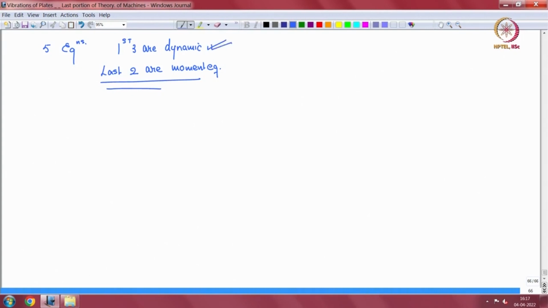Okay. Now, we know that a rigid body in space has 6 degrees of freedom. 6 degrees of freedom.